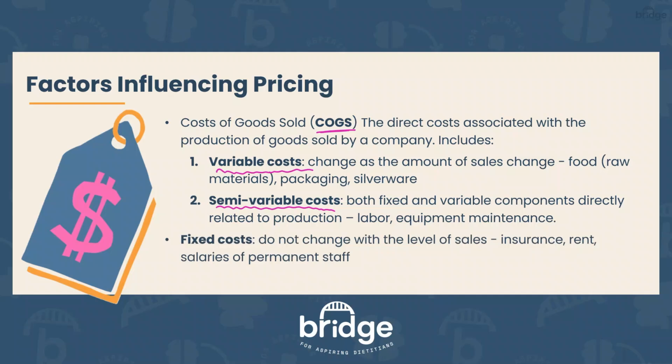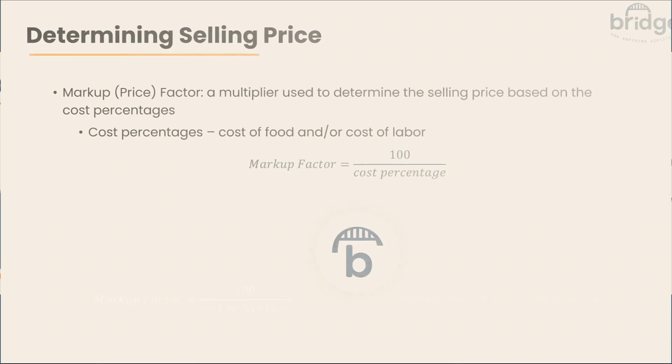Fixed costs are your steady bills: your rent, your insurance, and your salaried staff. These are not part of COGS, but they're essential to financial planning. So V is for variable, think volume-based. S is for semi-variable, and F is for fixed. That's your foundation. So now we can dive into the pricing math.